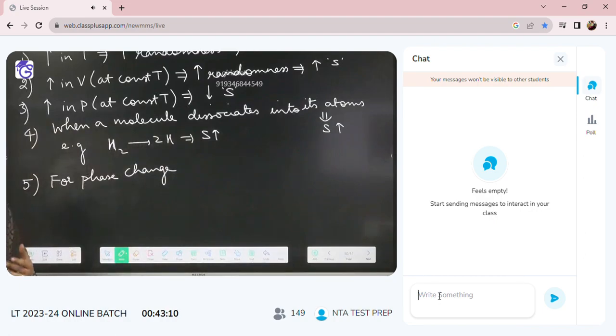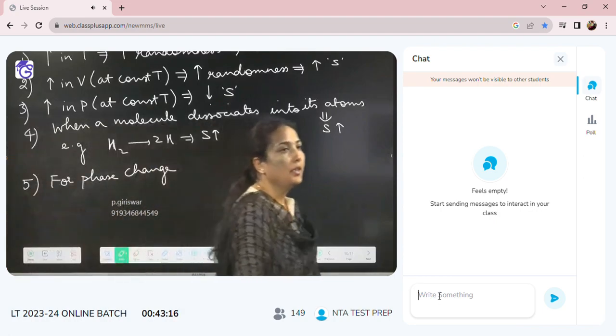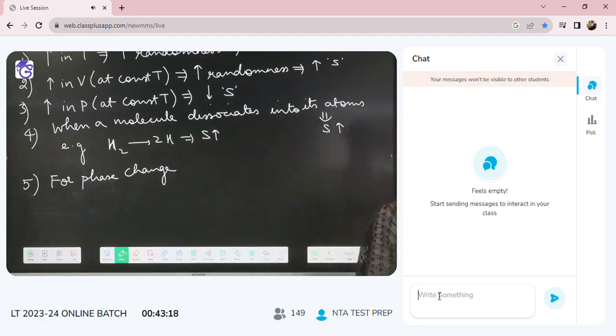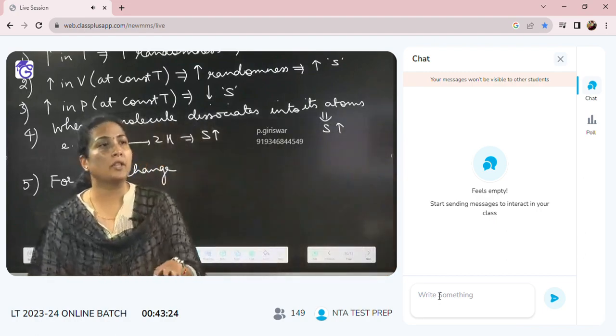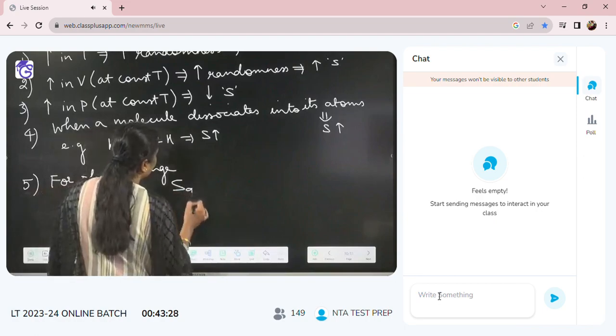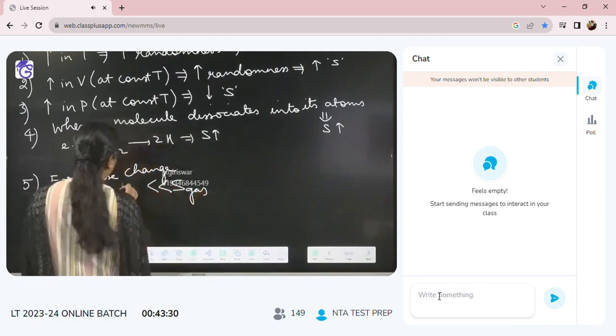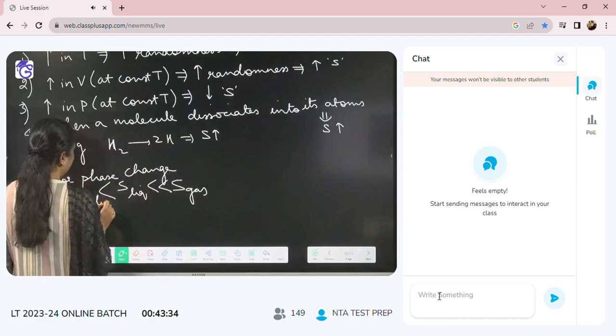Most ordered I am saying, not most disordered: solid. And which is least ordered? Least ordered will be gas, right? The one which is least ordered is going to have maximum entropy. So I'll write down here, entropy of the gas is much more as compared to entropy of the liquid, and that is also more than entropy of solid.